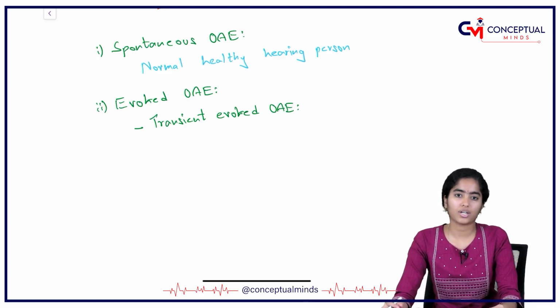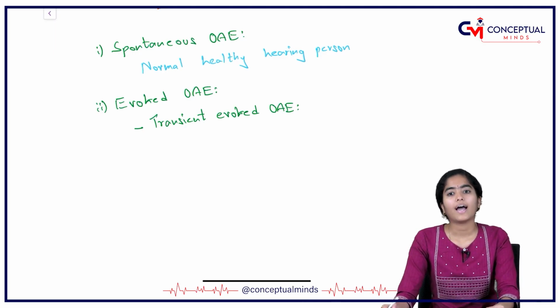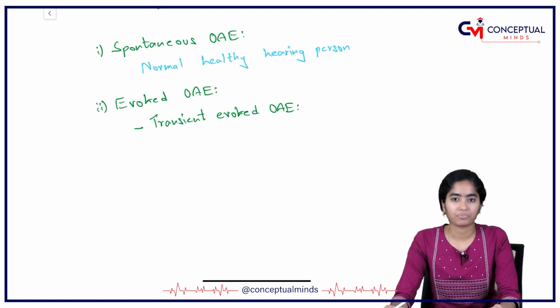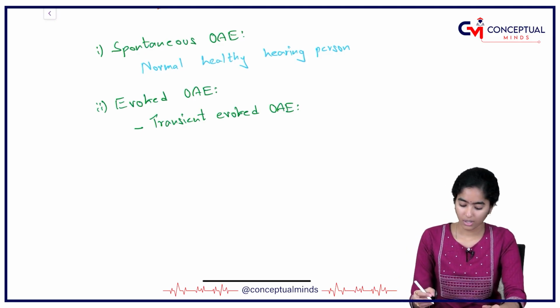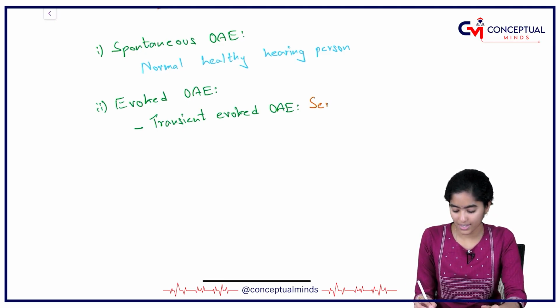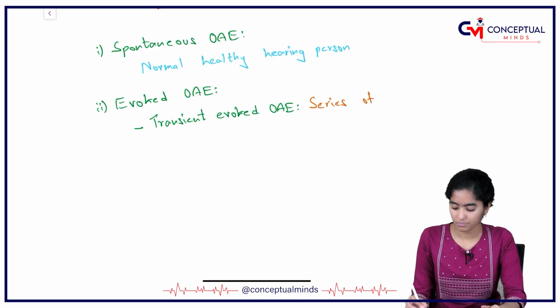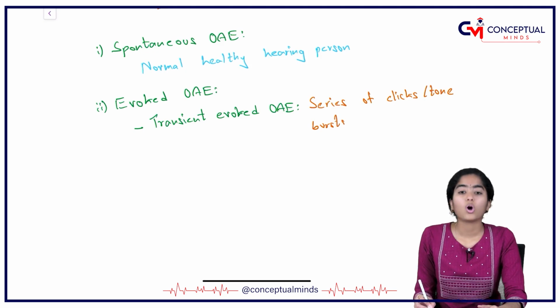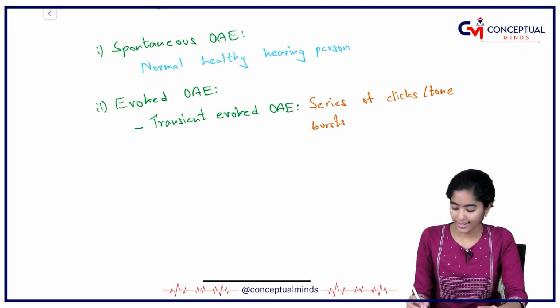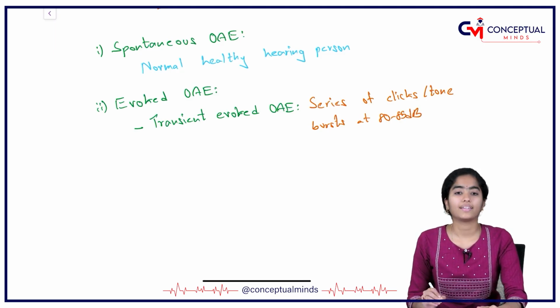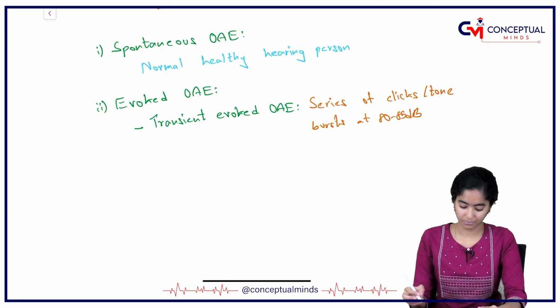A series of click stimuli are presented at 80 to 85 decibels sound, and the response is recorded. So what we are doing in transient evoked OAE, we give a series of sounds in the form of clicks or tone bursts. At what sound range? 80 to 85 decibels. And then we measure the emissions.